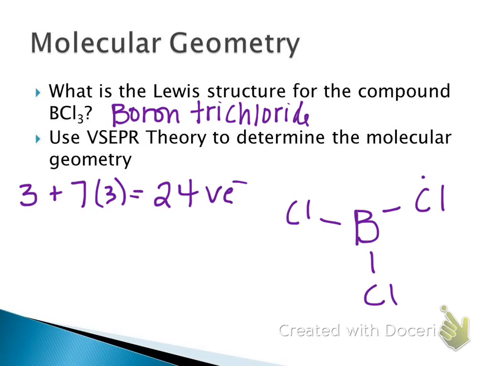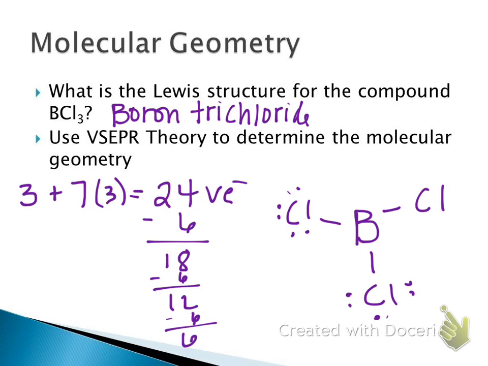Okay? After we draw our skeleton, we've used 2, 4, 6 electrons, which leaves us with 18. So we can fill 2, 4, 6, 2, 4, 6, 2, 4, 6.